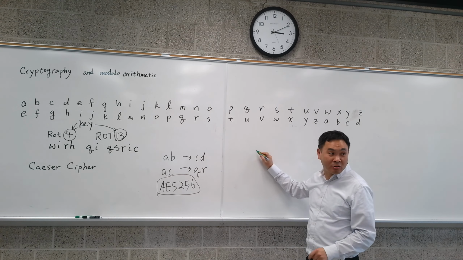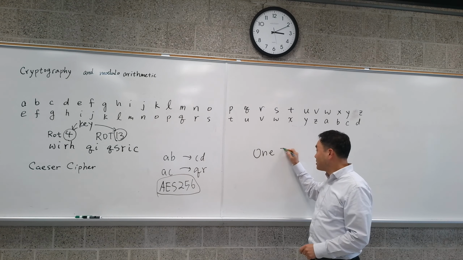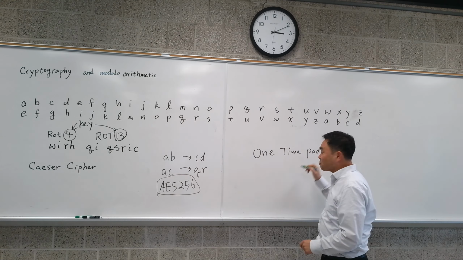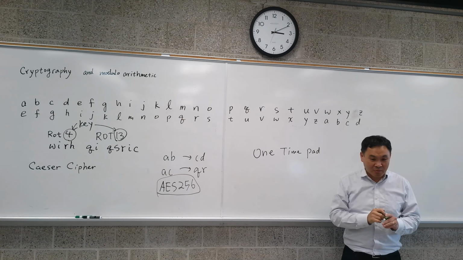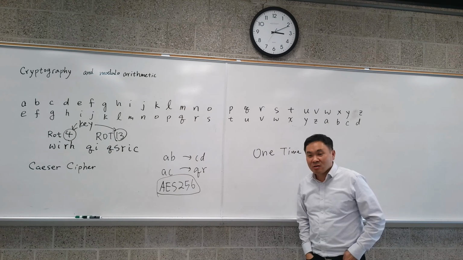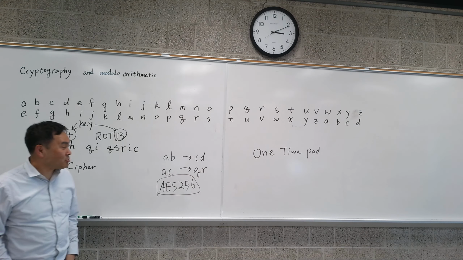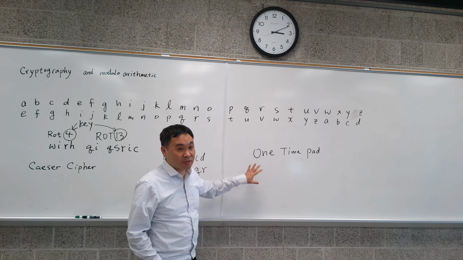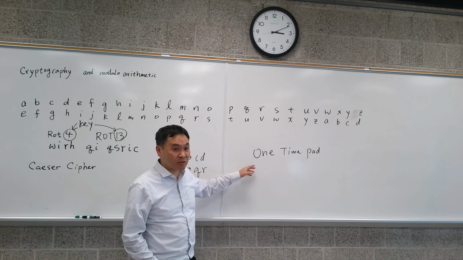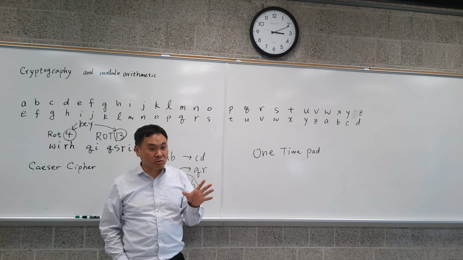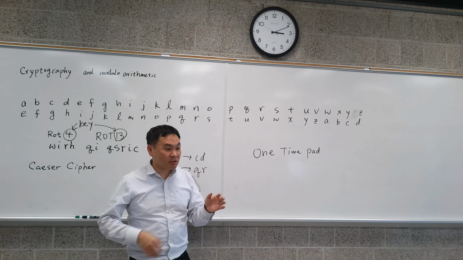How many of you have heard of one-time pad? If you go to Washington, make sure you go to the museum for different ciphers, and you can see some of the one-time pads that World War II soldiers were using.